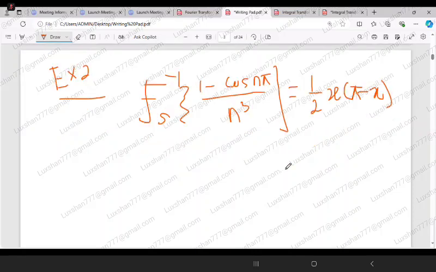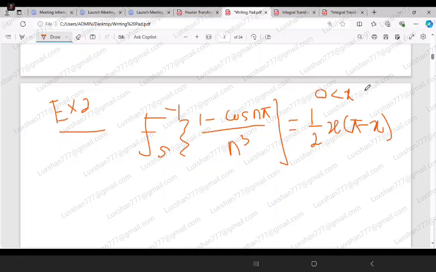So if you do it in the previous way, what will happen? Here our x varies from 0 to pi, no? So that is over there.